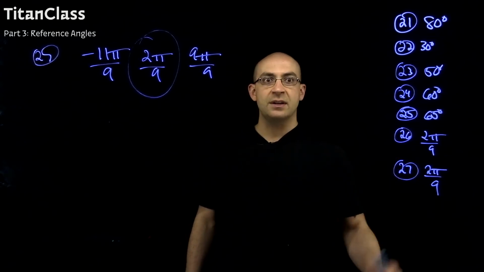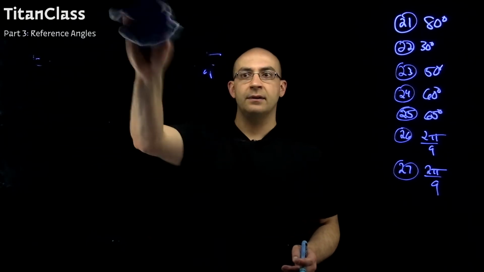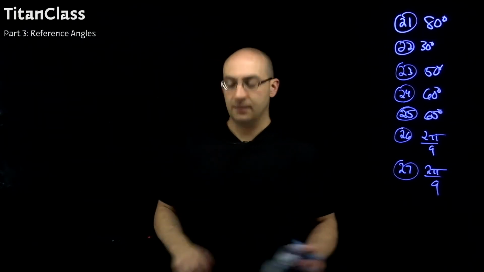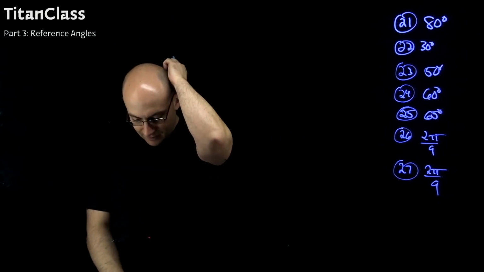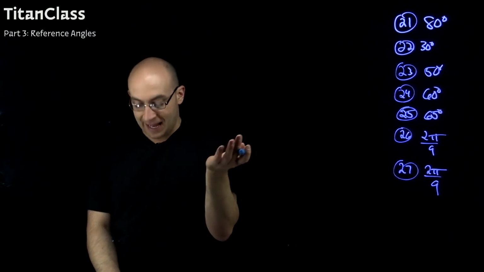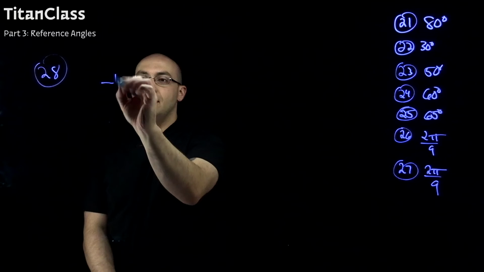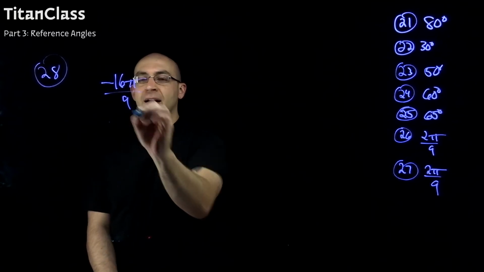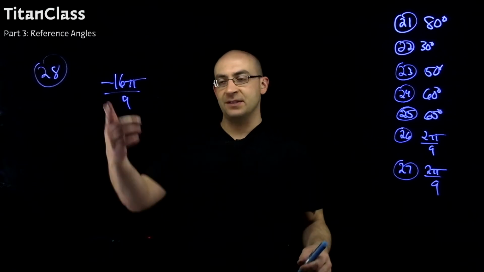That's so weird, they're the same exact answer. Oh, because they were in terms of 9s. That's weird. I feel like that's the second time this happened today. 28. I'm not doing 28 like that because it's exactly the same problem almost. Number 28, I can't make this up. Negative 16 pi over 9. Same as 26, but this is negative.